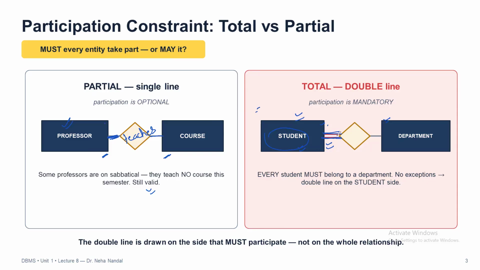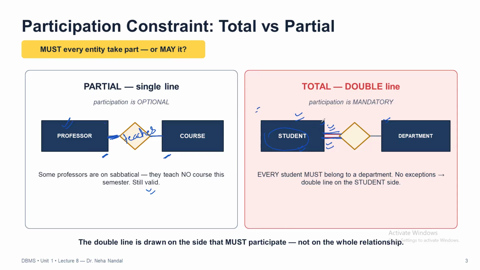One detail students get wrong constantly is that the double line goes to the side that must participate, not across the whole relationship. You have to identify the entity which has to participate completely. Every student needs a department, but a brand new department could exist for a moment with zero students admitted yet.